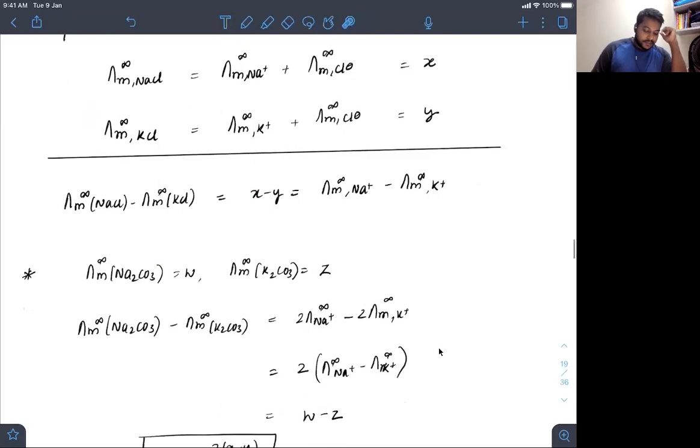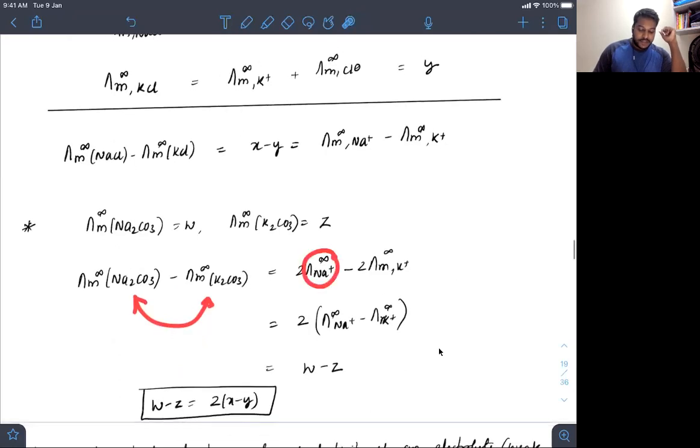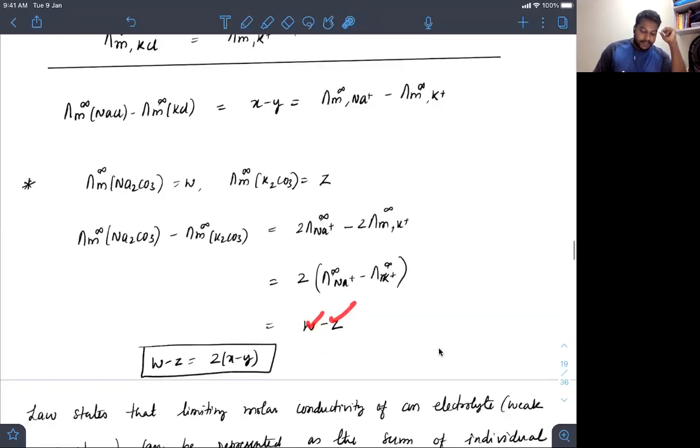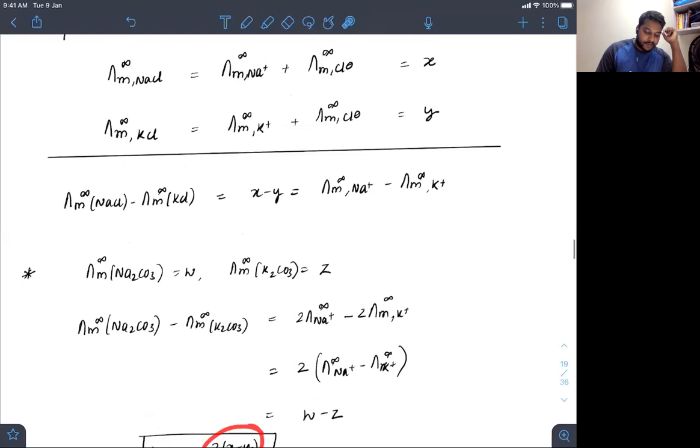Clear? Similarly, if I take lambda m infinity of Na2CO3, which is W, and lambda m infinity of K2CO3, which is Z, what will the difference of these two be? You will get 2 times lambda Na plus infinity minus 2 times lambda K plus infinity, which is W minus Z. Now can I say that W minus Z, what I calculated from this particular cell, from this particular source, will be the same as 2 times x minus y, which I have calculated from this source?